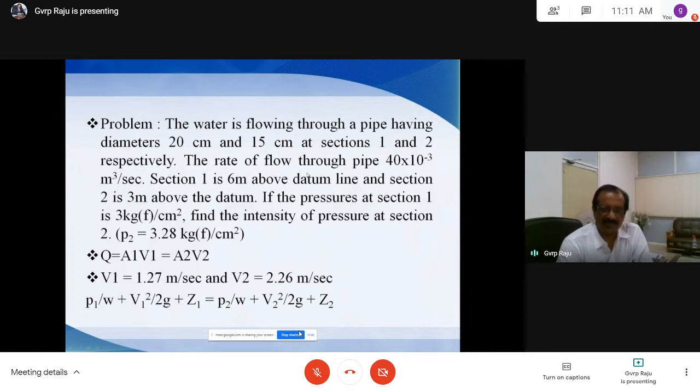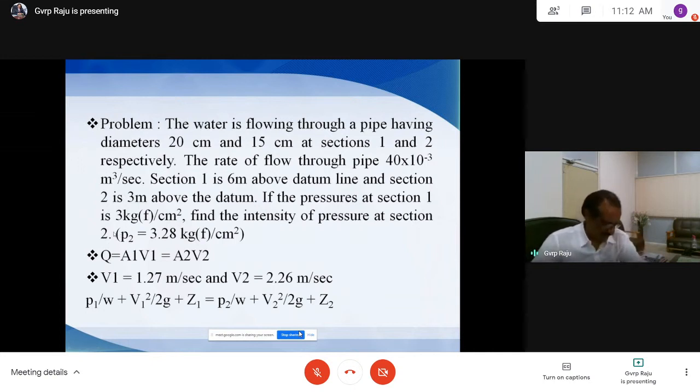Section 1 has diameter 20 centimeters, section 2 has diameter 15 centimeters. Section 1 is 6 meters above the datum line, so Z1 is 6 meters, and section 2 is 3 meters, so Z2 is 3 meters here. He has asked us to find out the pressure at section 2, given that the pressure at section 1 is 3 kg force per square centimeter. Find the intensity of the pressure at section 2. He has given the complete data.